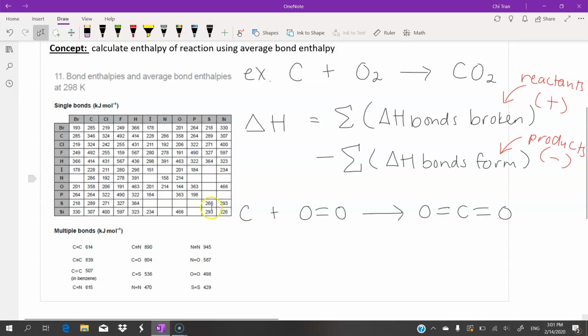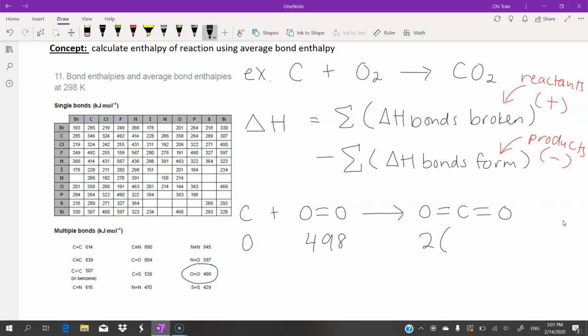So we have something that looks like this. And then we can use our section 11 to calculate the bond enthalpy. So carbon is bonded to nothing, so it's 0. O double bond to O is right here. It's 498. And then there are 2 bonds of O double bond to C, so that's right here, and that's 80.